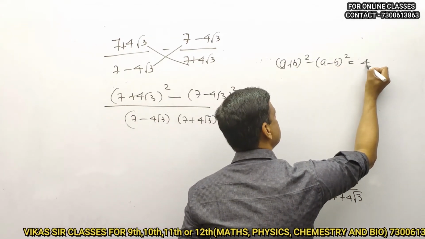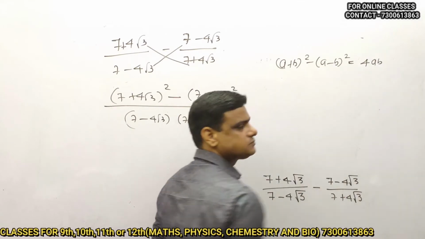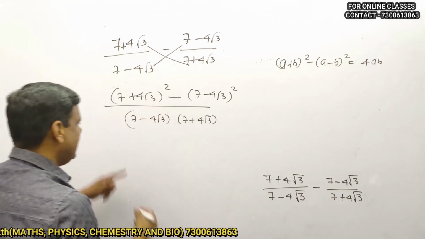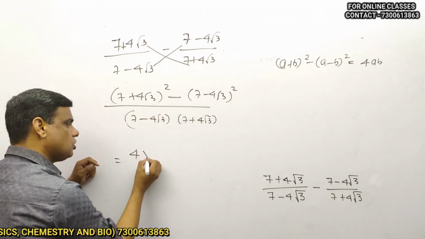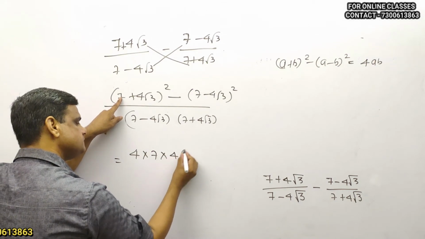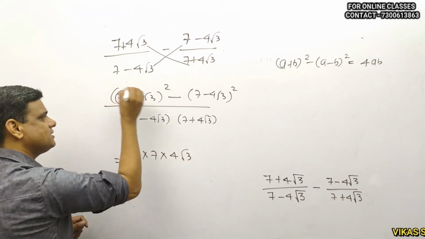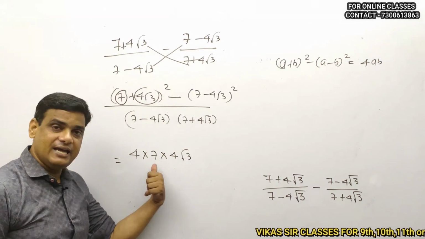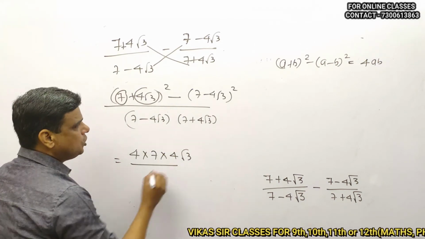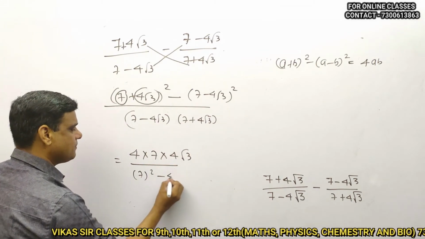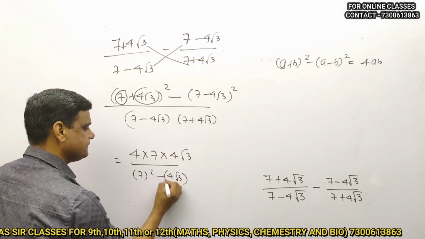It is equal to 4AB. And if it is known to you, it is 4AB. Here A is 7 and B is 4 root 3. So it is 4AB upon A minus B into A plus B, which is what? A square minus B square.